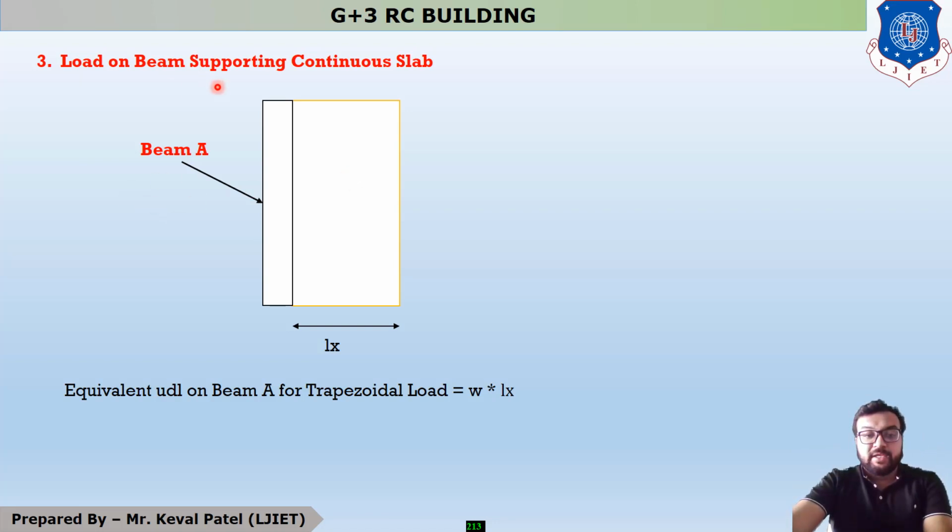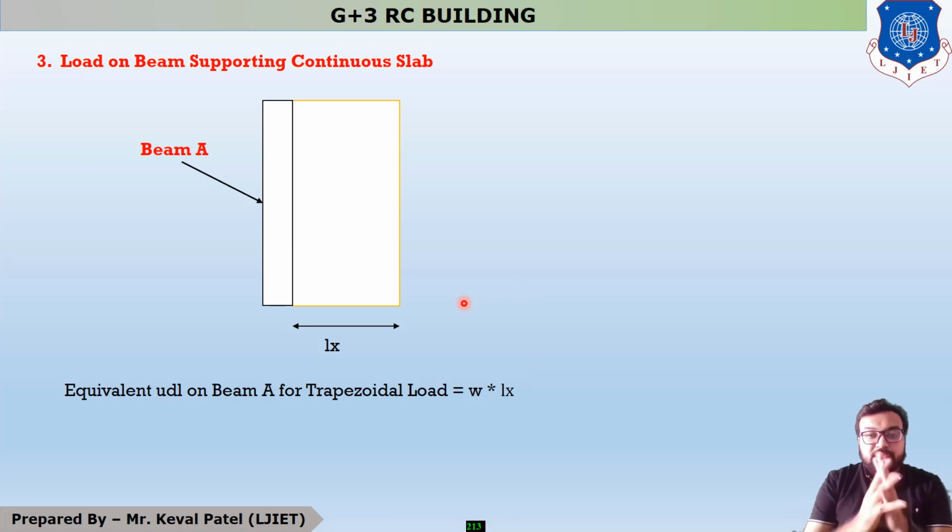This is your beam A. All the loads of this chhajja go to this beam. What is the length? The length is Lx, so this beam takes the load of length Lx. The equivalent load on beam A, not trapezoidal but for this cantilever portion, is W into Lx.